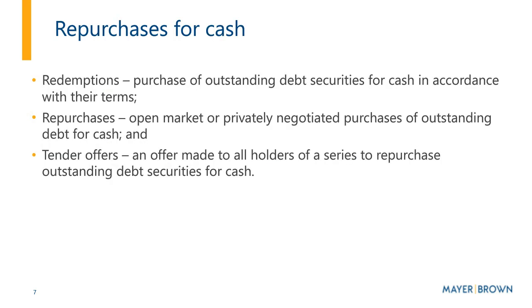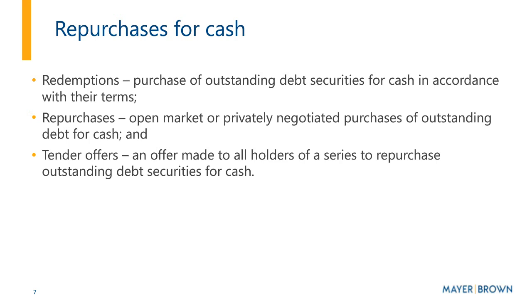It's also helpful to consider whether a company that is thinking about a liability management transaction has cash on hand and determines, with its board, that this is a prudent use of cash. If it has cash on hand, then it might well consider redemptions, open market or privately negotiated repurchases, or tender offers.